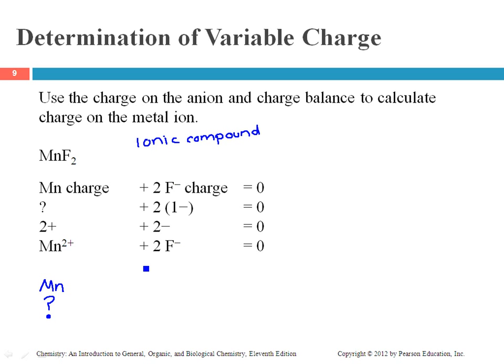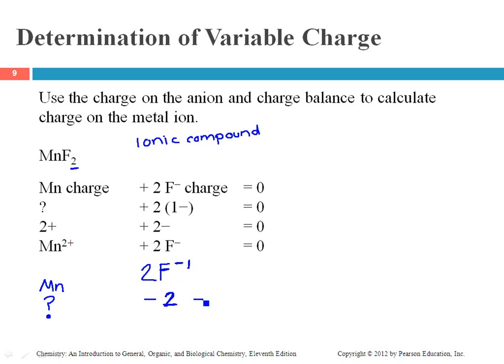But we have 2, can't forget, we have 2 fluorine atoms, so we have 2 F minus 1. The -1 comes from being in group 7, it needs to gain 1 electron to be like the nearest noble gas, and we have 2 of them. So we have a total -2 charge.